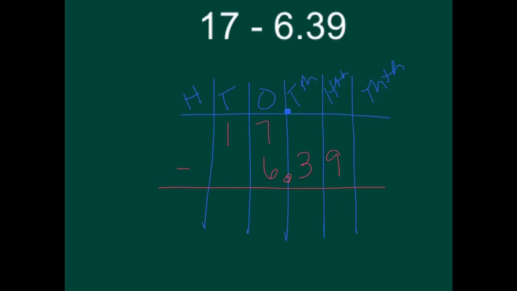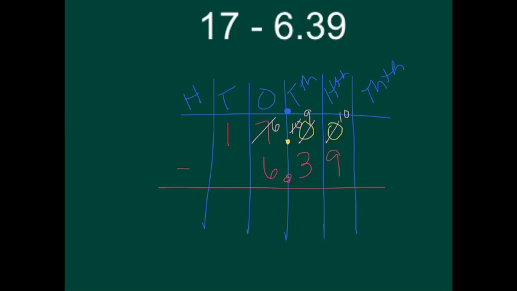So I'm going to need my couple zeros, and I need to make sure I have a decimal point. 0 and 0, I won't be able to take anything away. So, go to my 7, borrow 1, and make it 10 tenths. Take those 10 tenths now, borrow 1 tenth, and turn it into 10 hundredths.